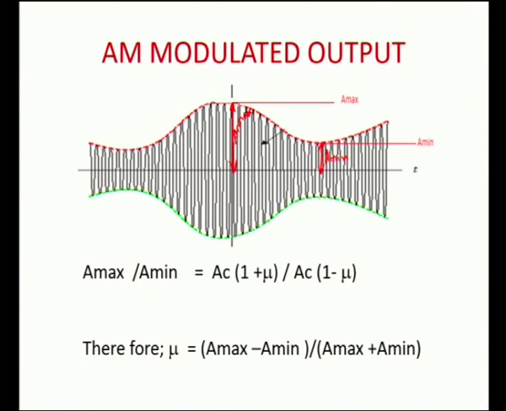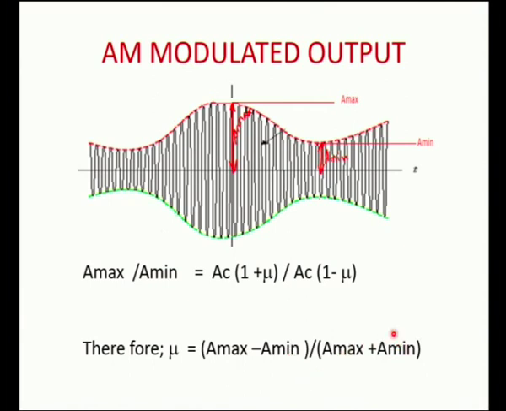The relation between A max, A min and mu is given by this formula. A max by A min will be equal to amplitude of the carrier into 1 plus modulation index divided by amplitude of the carrier into 1 minus modulation index. Therefore, solving this, we can get the formula for modulation index mu to be equal to A max minus A min divided by A max plus A min.